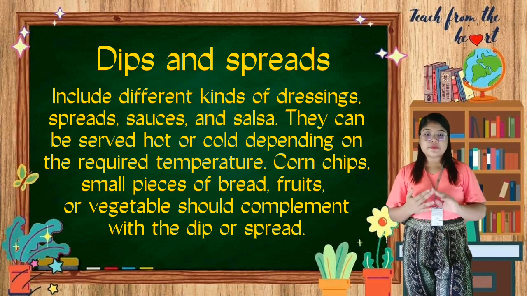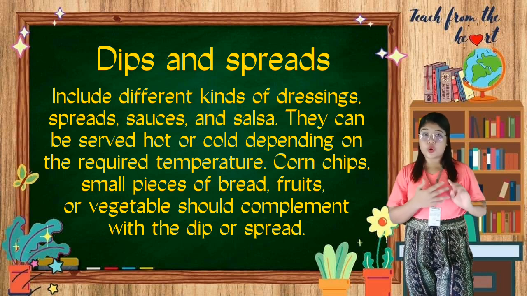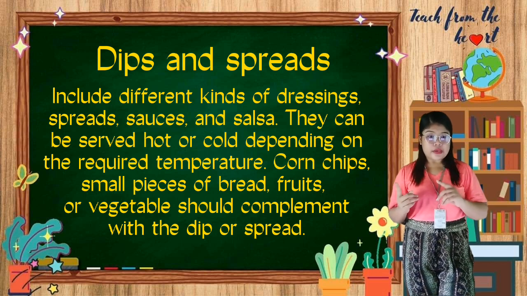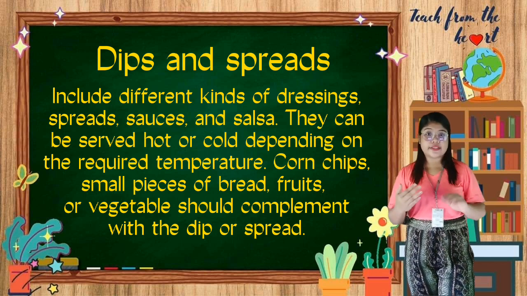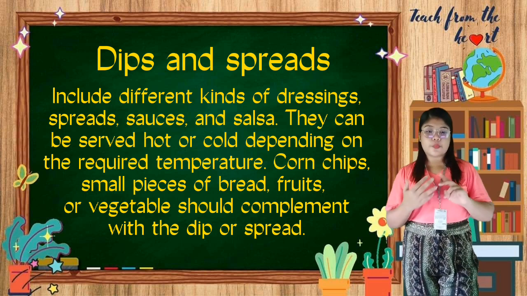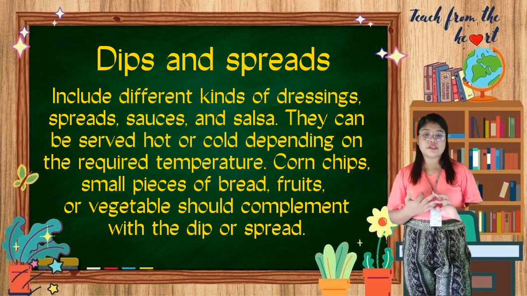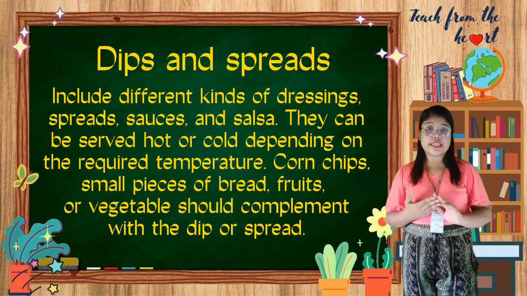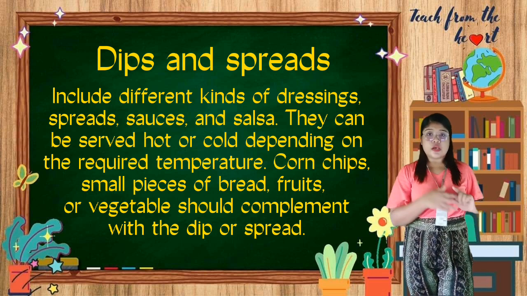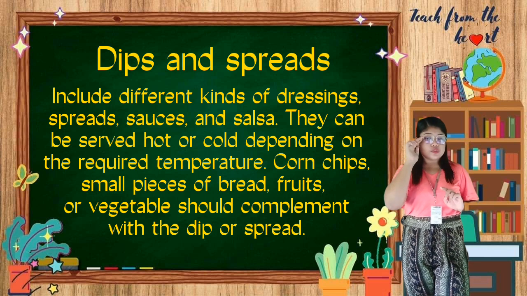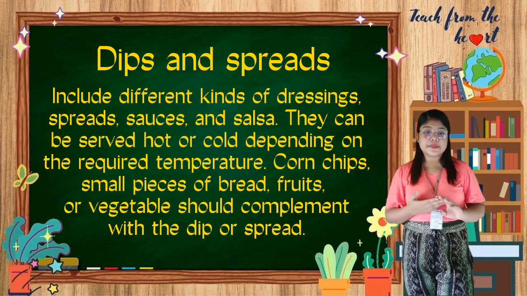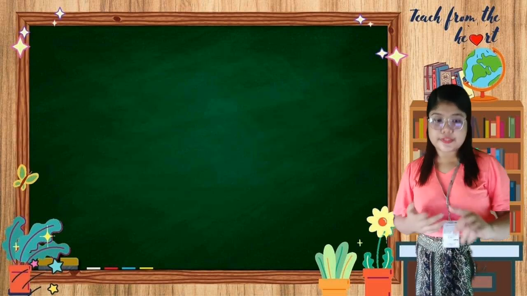These can be served hot or cold, like canape, depending on the required temperature. Corn chips, small pieces of bread, fruits, or vegetables should complement the dip or spreads. So these are the dips and spreads.